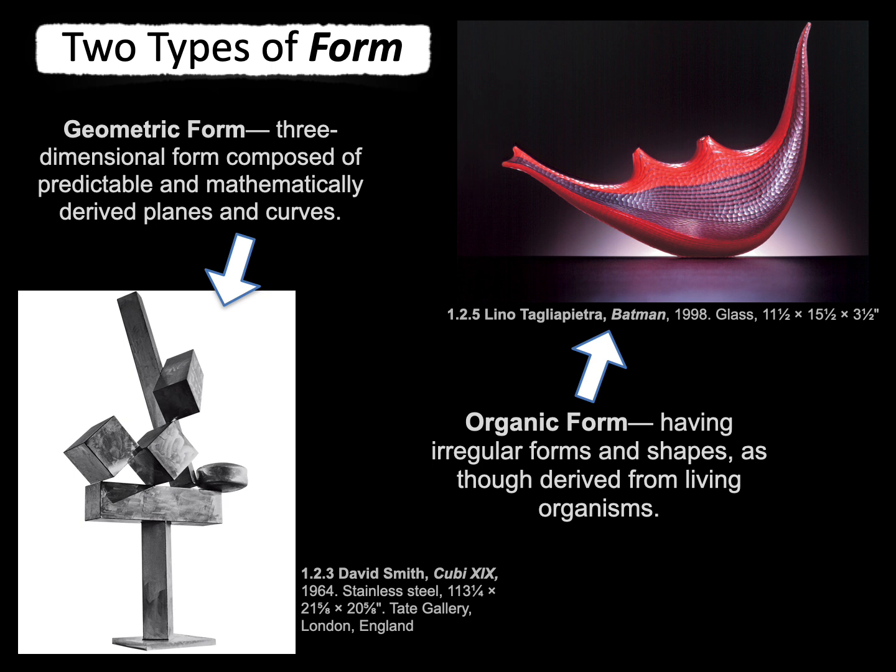Lino Tagliapietra's Batman, on the other hand, is strongly organic because it has no straight lines or flat surfaces. Even its surface texture can be described as mottled or pot-marked, the way some seeds or weathered surfaces form. It also dynamically undulates in width between thick and thin parts, all qualities typically ascribed to organic forms.